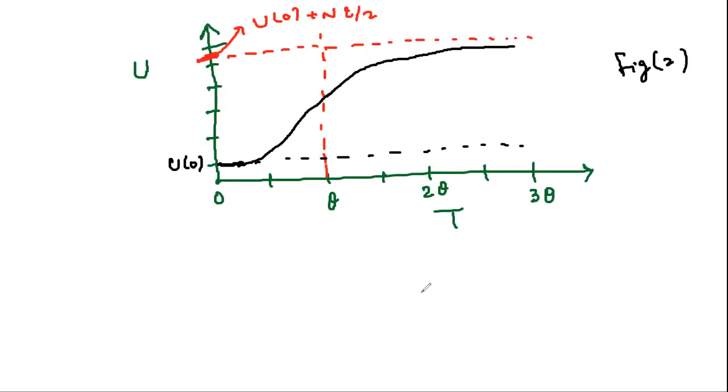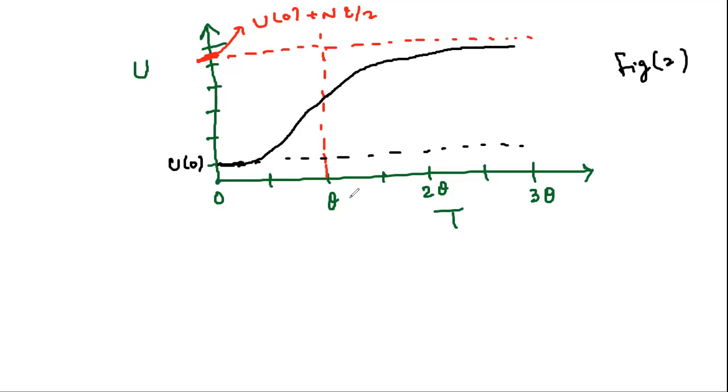So you can see in this figure that there is a transition from low to high temperature behavior around the characteristic temperature theta. Here the temperature is characteristic temperature theta. The behavior has a transition.